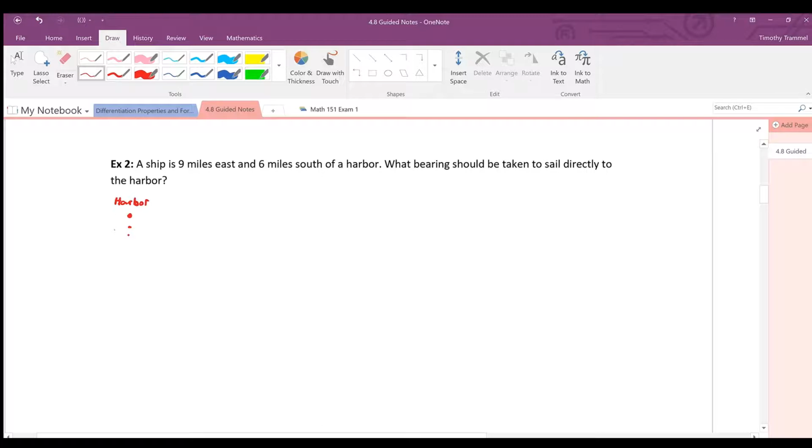Remember, the ship here is 9 miles east and 6 miles south of the harbor. So I'm going to head south here a little ways, that's towards the south, and then I'm going to go to the east. You should be thinking about a compass here or a map. Let me try and draw those axes a little straighter.